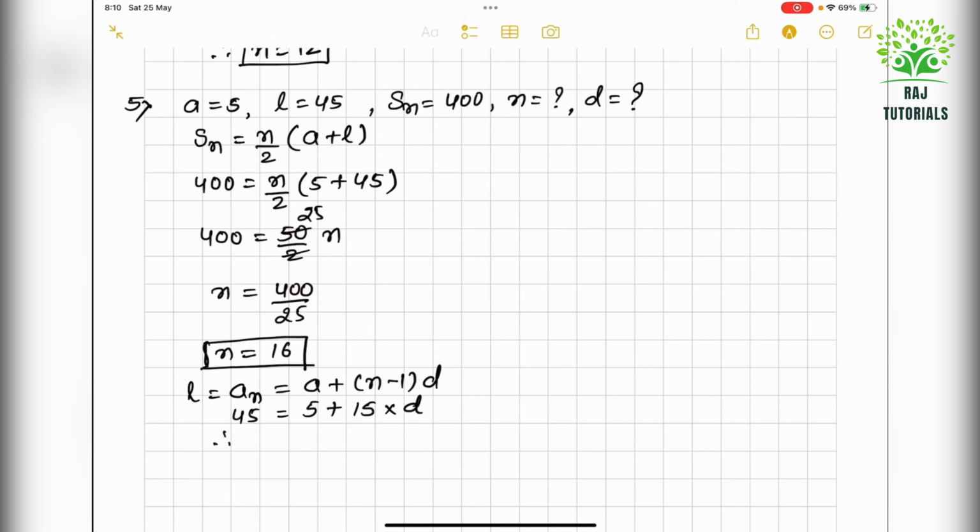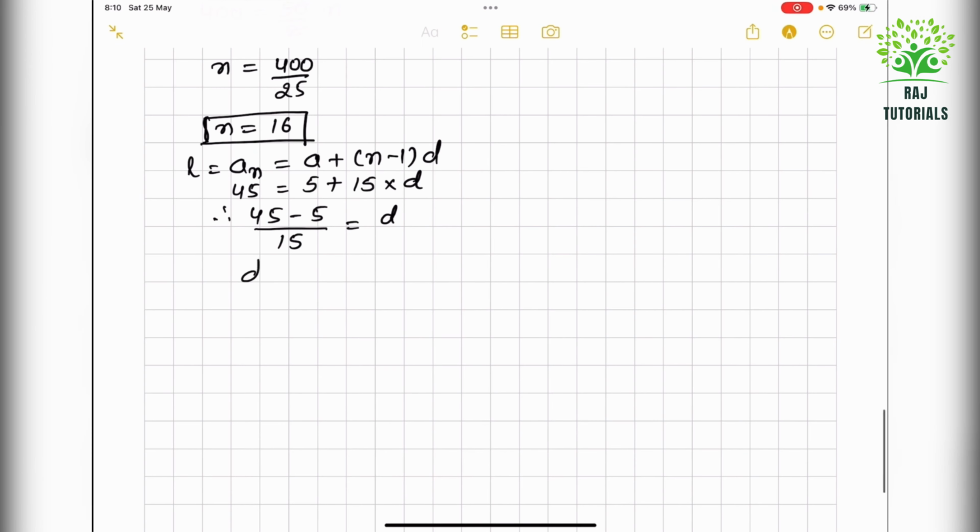So therefore 45 minus 5 upon 15 equal to d. So d equal to 40 by 15. So d equal to 8 by 3.